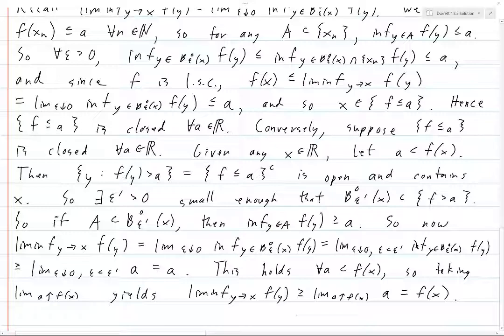But because it holds for any A which is strictly less than f of x, we can just take the limit as A increases to f of x. So yeah, this is sort of neat because usually you can't use this sort of technique to get around limits, but sometimes it works.